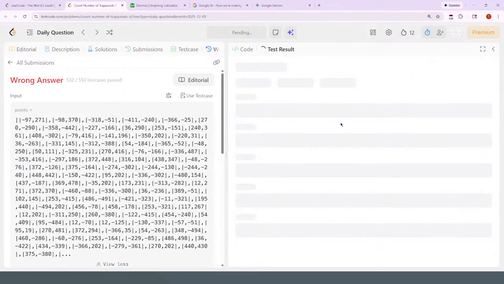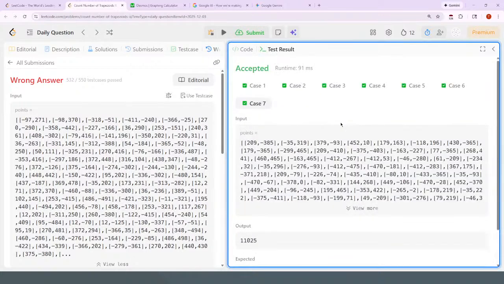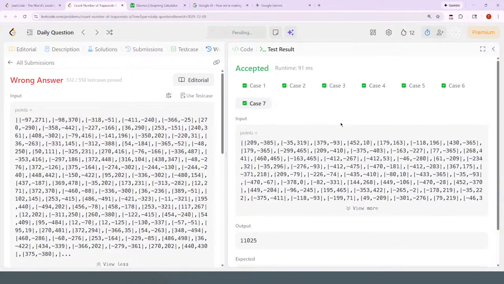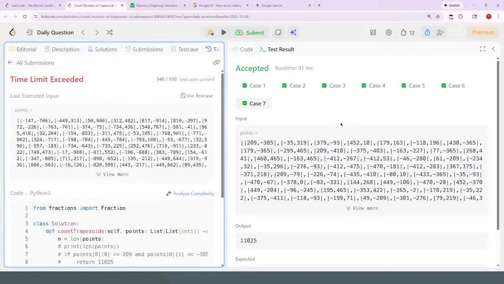Okay. Oh my god. Is it too slow? Please, not. Please. Are you kidding me? Oh. 546. 5 test cases, although this one's probably a pretty big test case.